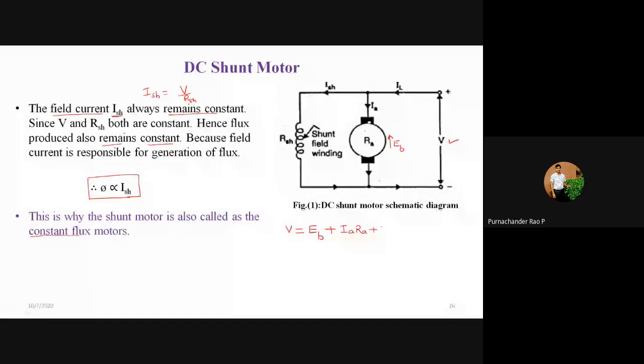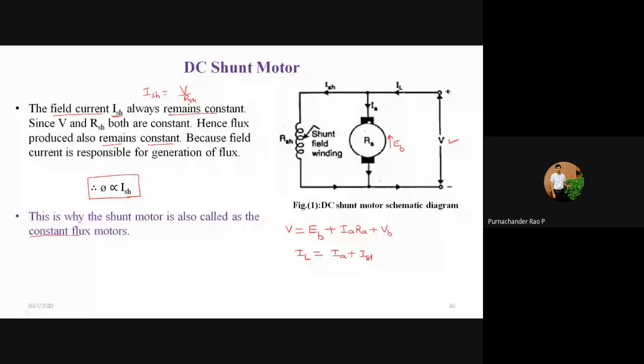And here the line current IL is equal to IA plus ISH. And here ISH is equal to the terminal voltage V divided by RSH.